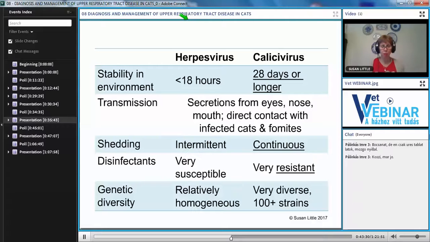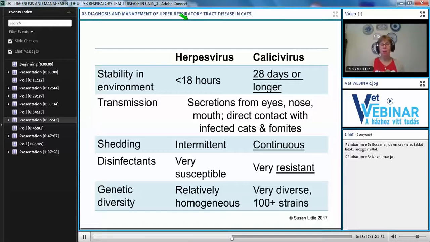So that's a really important point to remember. Also, there's a difference in shedding patterns. Cats that get infected with herpes virus, we're going to talk more about this in a minute, tend to have intermittent shedding, whereas cats that get infected with calicivirus shed continuously.